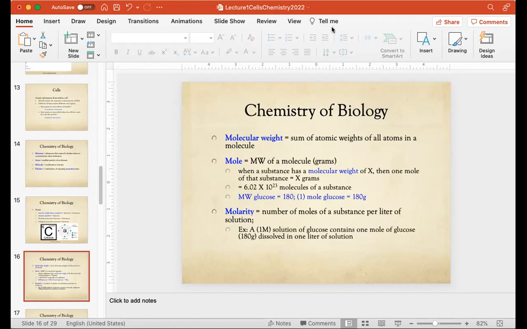So, for example, a molecule like water. Water is H2O. It has 1 oxygen atom in it and 2 hydrogen atoms. So if we want to know the molecular weight of water, we go to the periodic table.